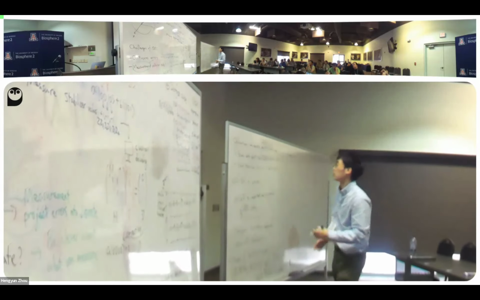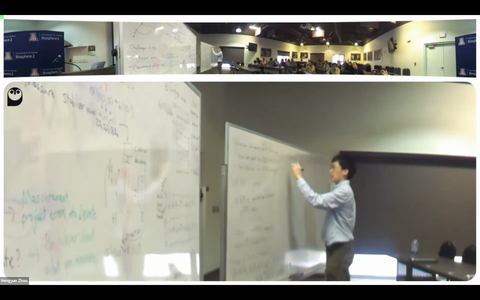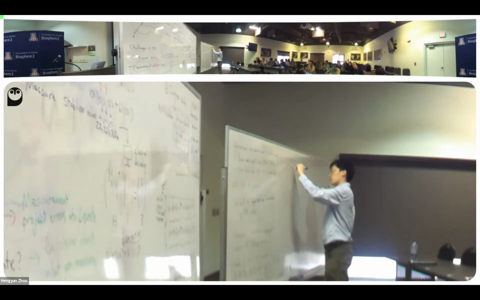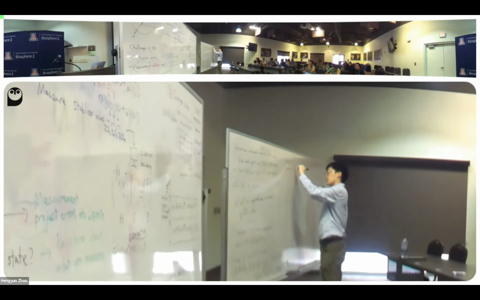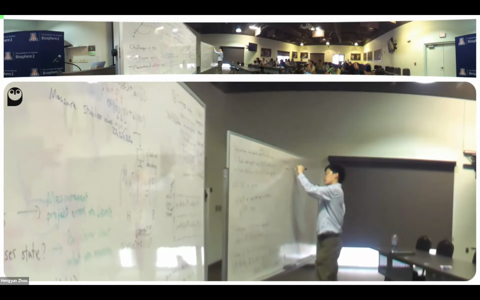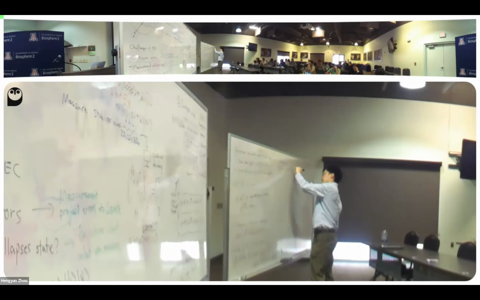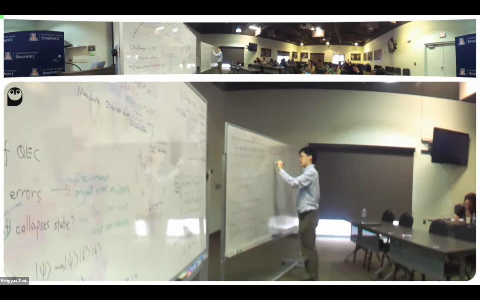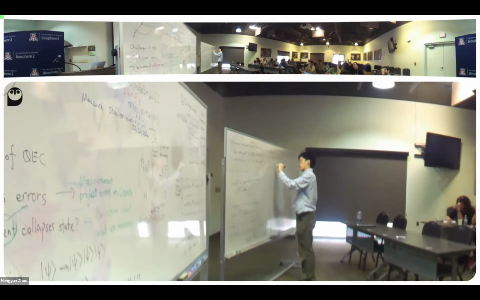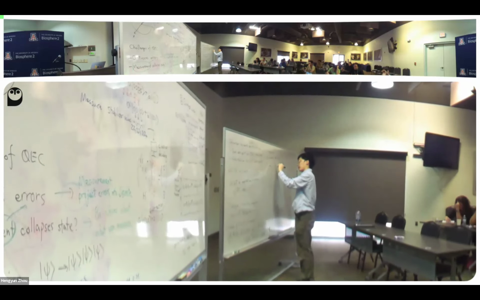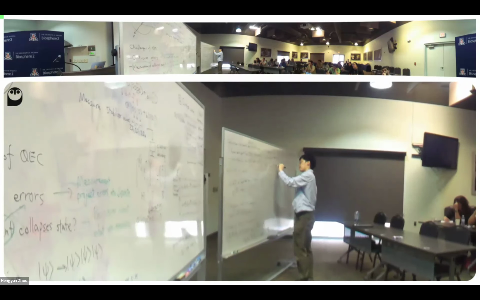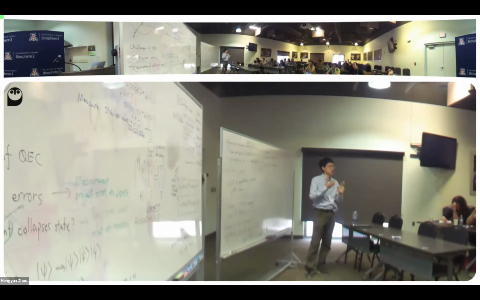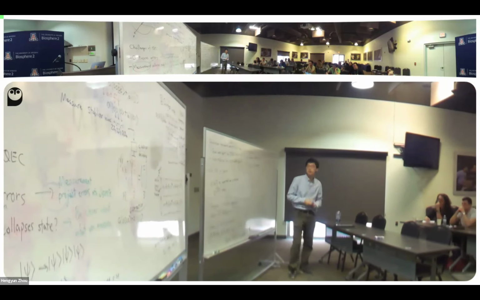So what properties did we want the logicals to satisfy? First, they should commute with stabilizers. This one we already established. And second, XL and ZL should form a valid logical qubit, in the same way that physical qubit operators need to anti-commute.